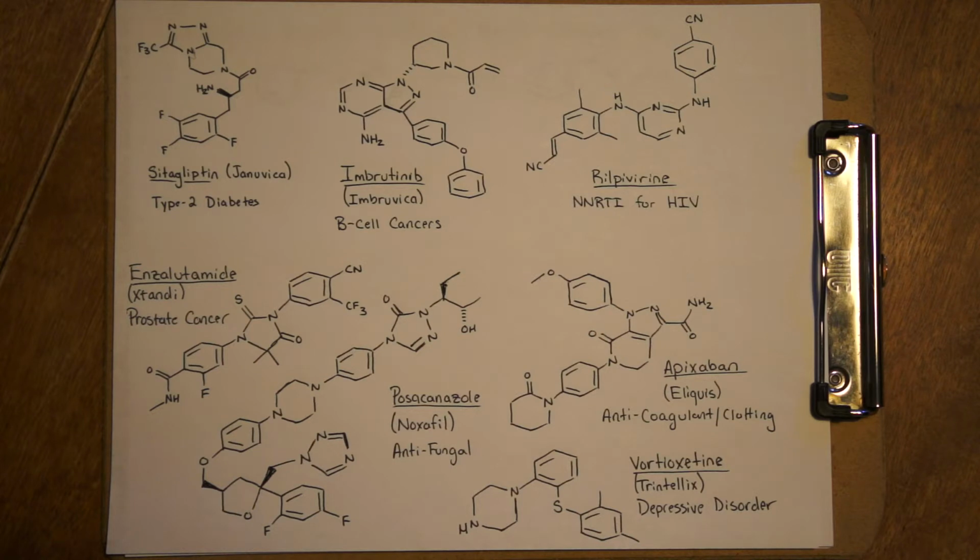So just to give you some perspective, the reason why a lot of drugs have rings is because these aromatic rings can actually interact with the proteins in our body and also the DNA in our body.